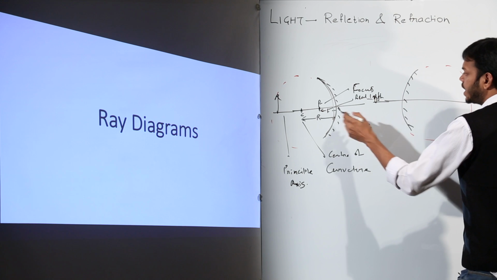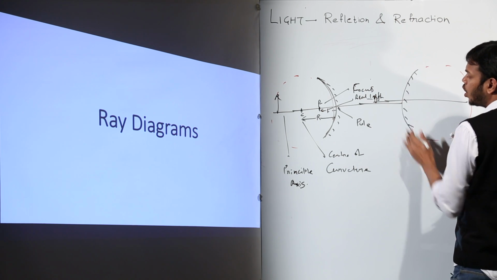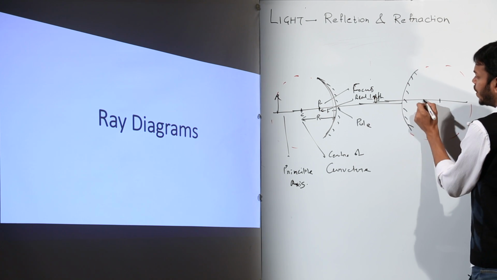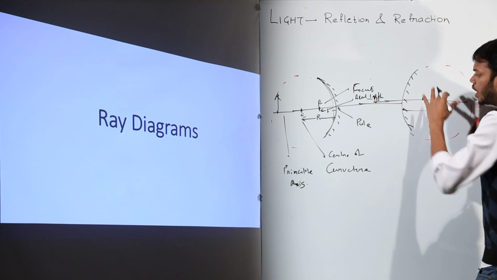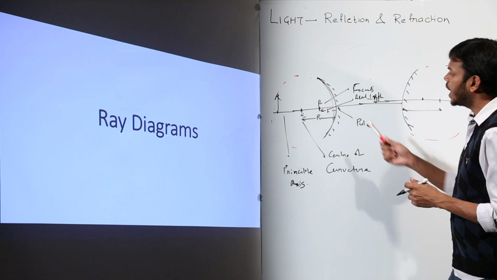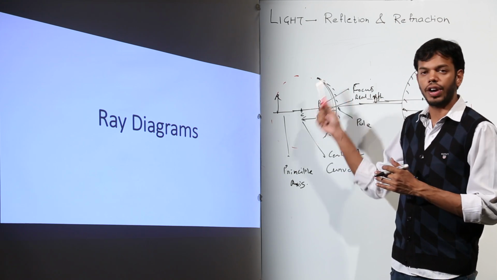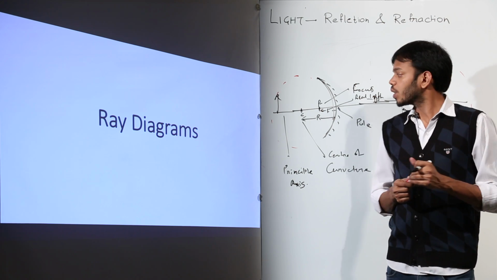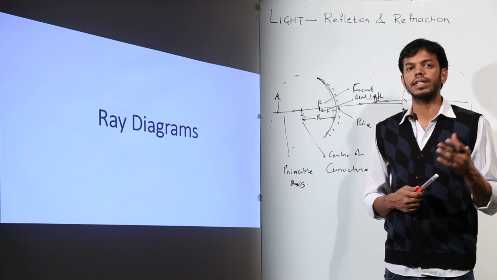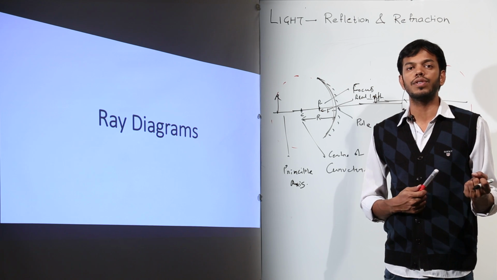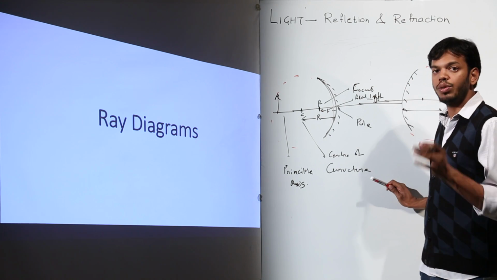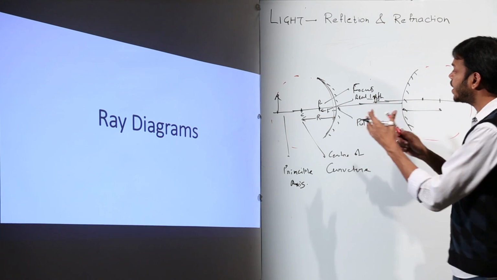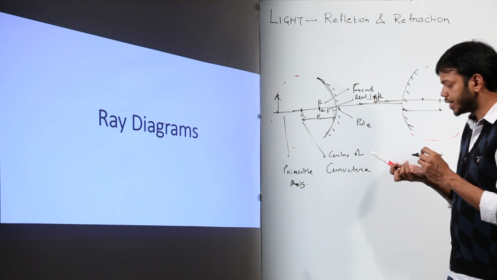So even if it is placed in front of a convex mirror, those points which are center of curvature, focus, radius of curvature, are all behind the mirror, whereas in case of concave mirror, they are all in front of the mirror. This is a very important point when we apply the formula, that is, how to find the position of the image if you have the position of the object. During that you need to follow sign conventions, and there these points come into very serious consideration.